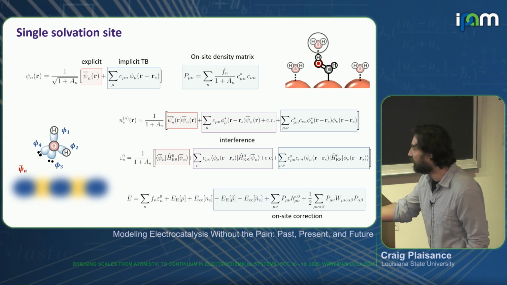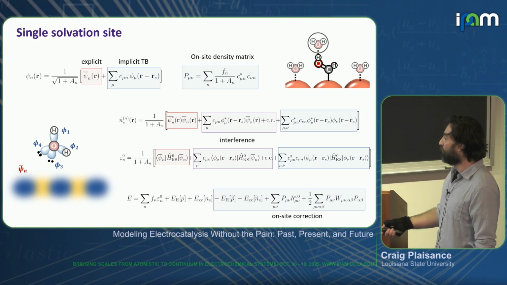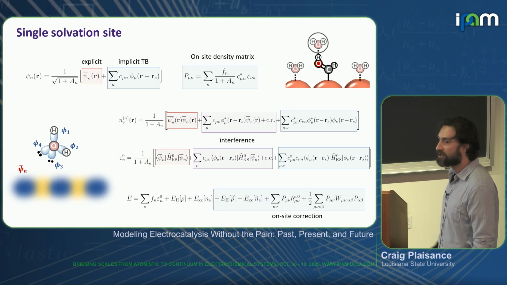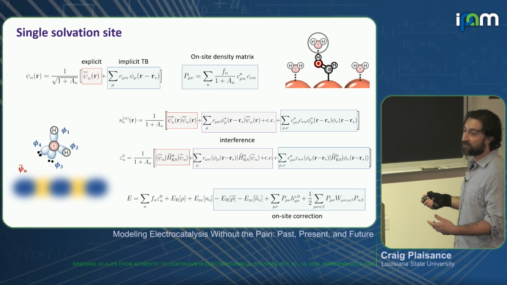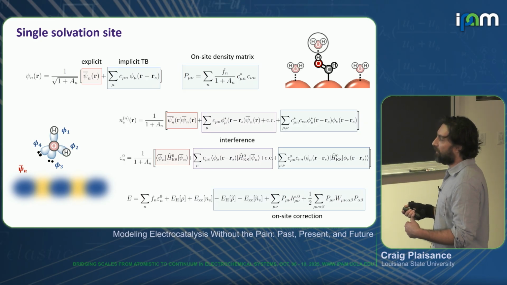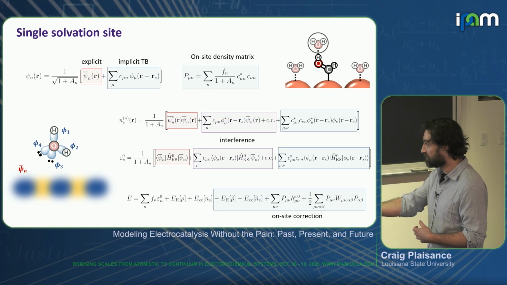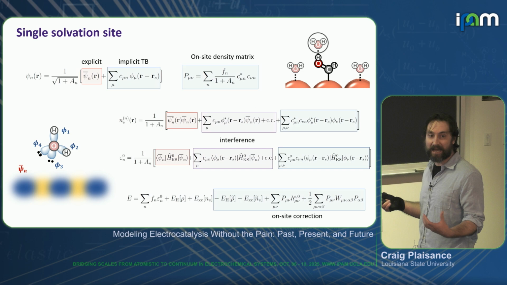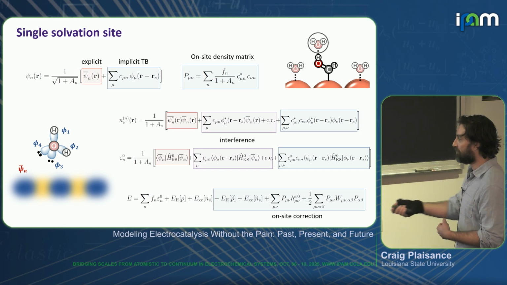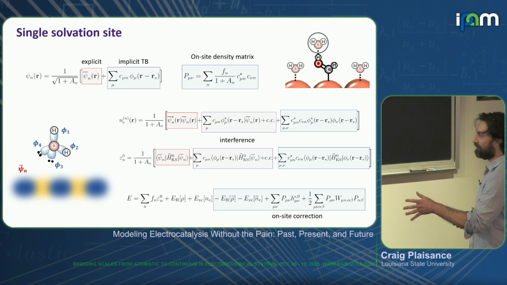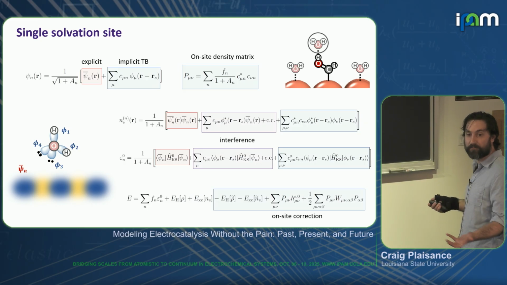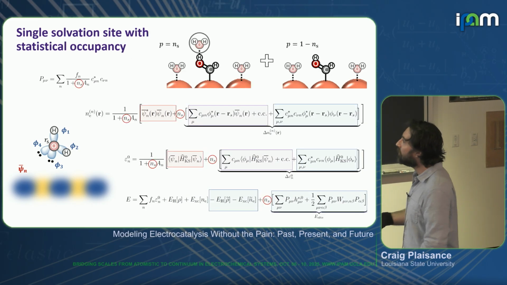And then we can compute an energy for the whole thing. We have to include this on-site correction because, similar to the PAW method, the electron distribution in this tight binding water is not the actual electron distribution. So we have to kind of fudge it, but it works for the same reason that the PAW method works.